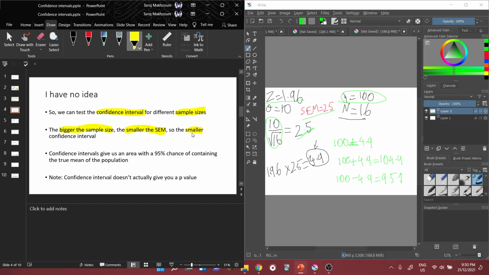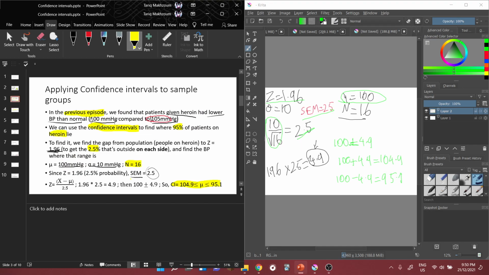And so what a confidence interval does is that it gives us an area that has a 95% chance of having the true mean of the population. Okay, so if we take a look at this example with heroin, there is a 95% chance that if we gave all of the population heroin, this would be their true mean.